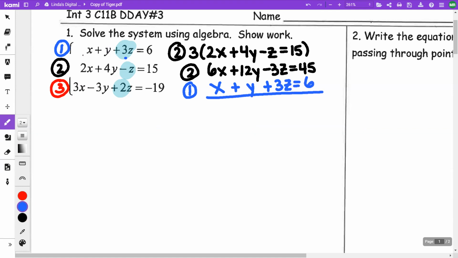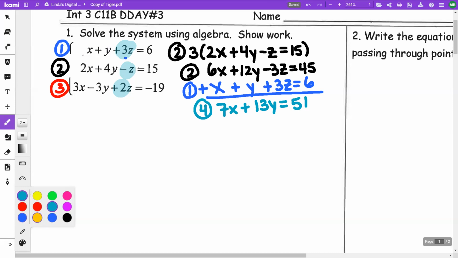I'm going to combine those. And when I do, I'm going to end up with 7x plus 13y is equal to 51. I'm going to call this one equation 4.